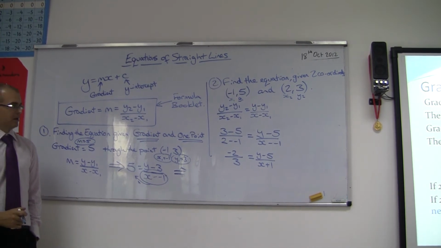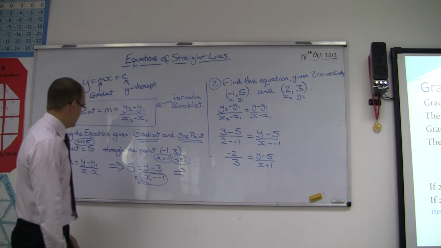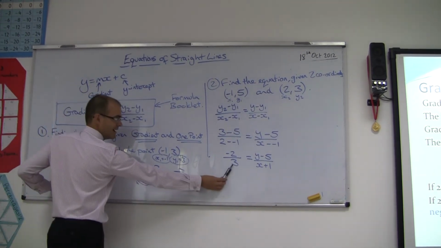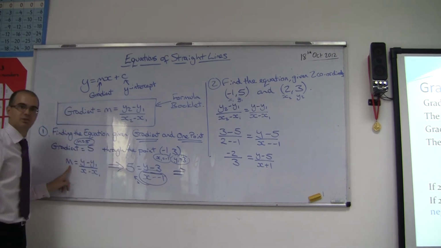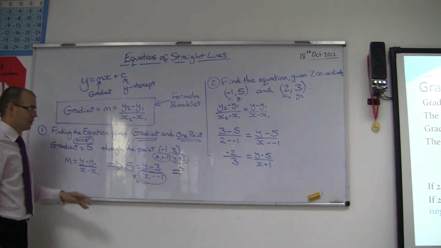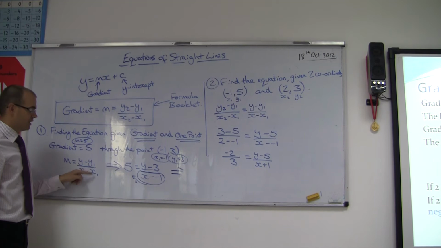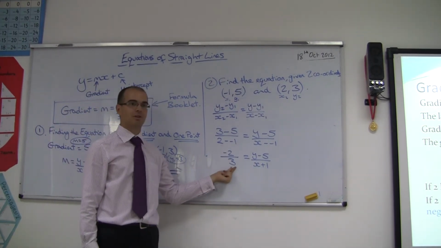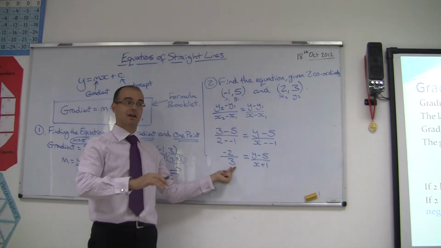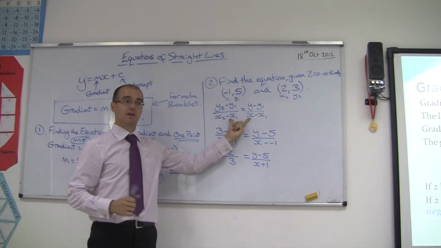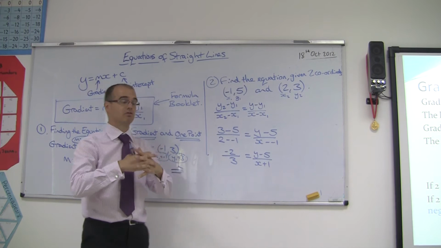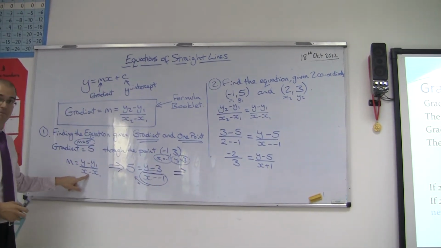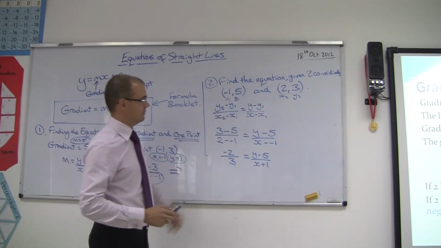Now what we've got essentially is using this formula. We've got the gradient, which we know is minus 2/3, a negative gradient. We've got the x and the y, and essentially one coordinate in there because we've combined these two coordinates to work out the gradient. So that's why, if we can use this, it basically combines everything into one, rather than using this and then using that.